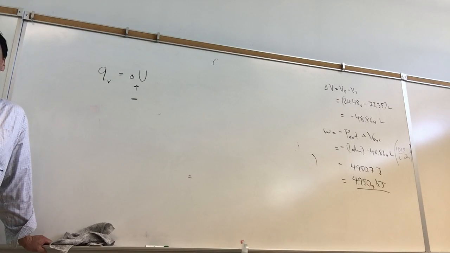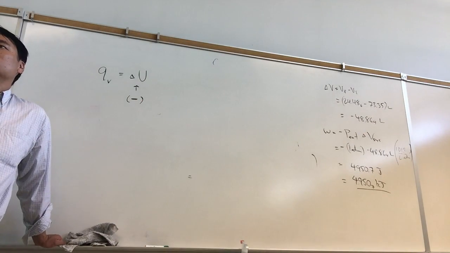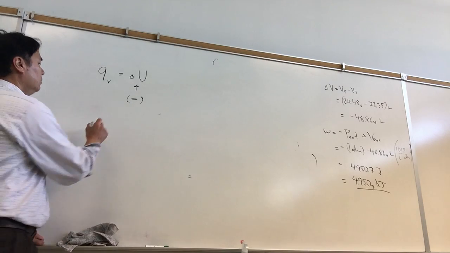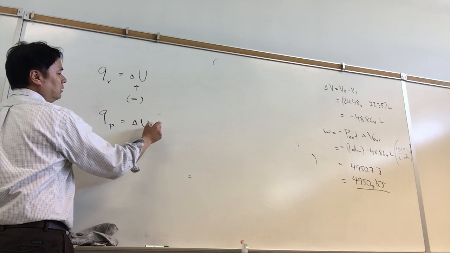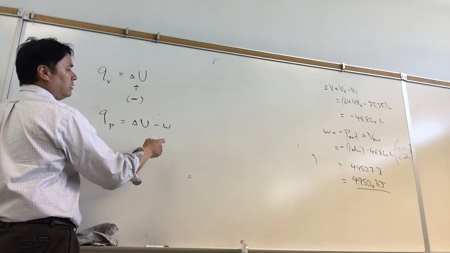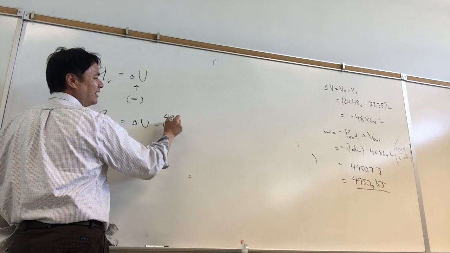It's negative, on the order of thousands of kilojoules. So some thousands of kilojoules of heat are going to be released in this. Whereas QP is going to be the same delta U, except now we have to do minus W. Well, we just calculated minus W. Minus W is 4.95.